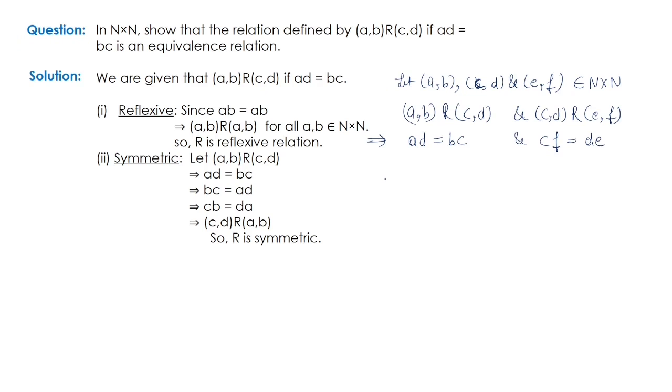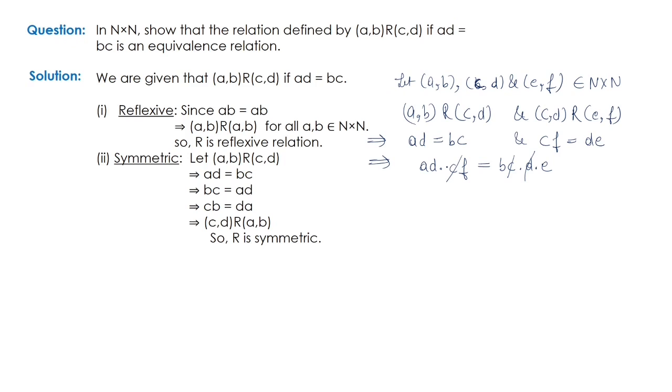A into D into C into F is equal to B into C into D into E. C and C cancelled, D and D also cancelled. So we get here A into F is equal to B into E.